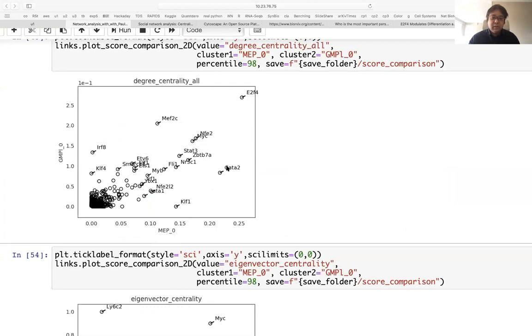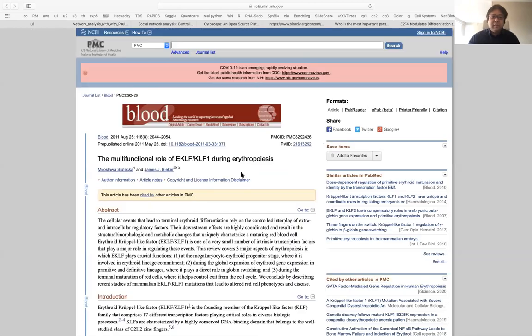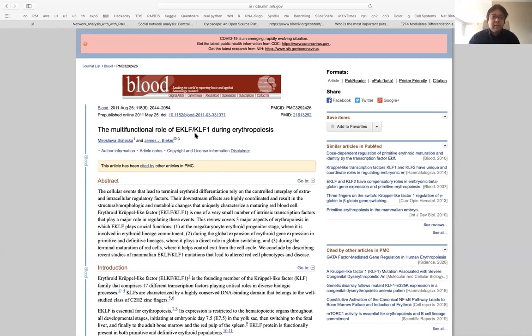So it agrees with this. This data makes sense. And KLF1, which is important for the MEP, is known to be really important for erythrocyte differentiation.